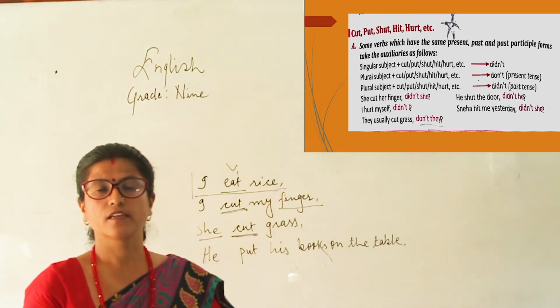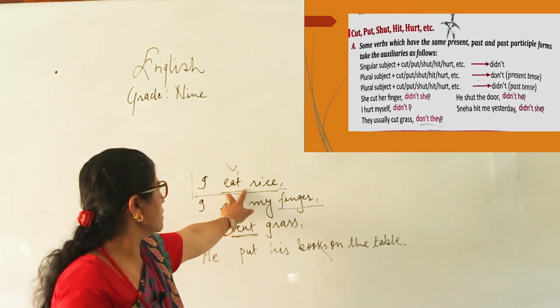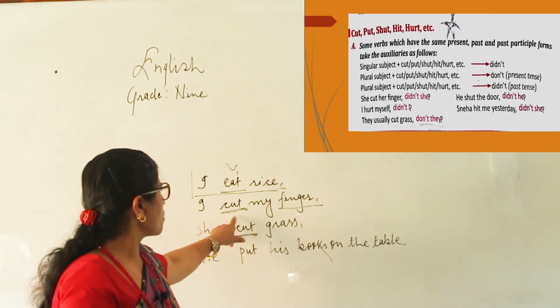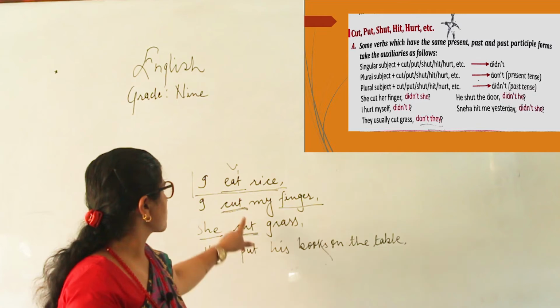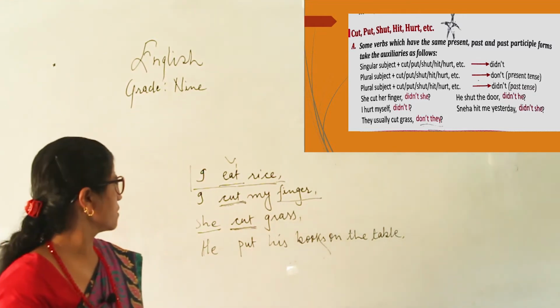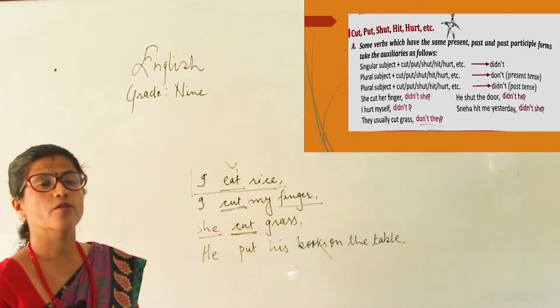Let's analyze these sentences. I eat rice is a statement. It indicates present tense because V1 is there. I cut my finger. She cut grass. Does it indicate present tense or past tense?